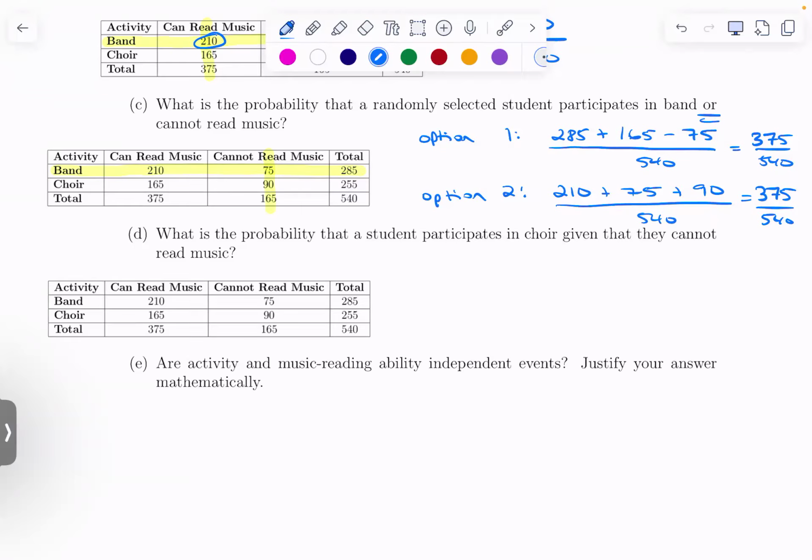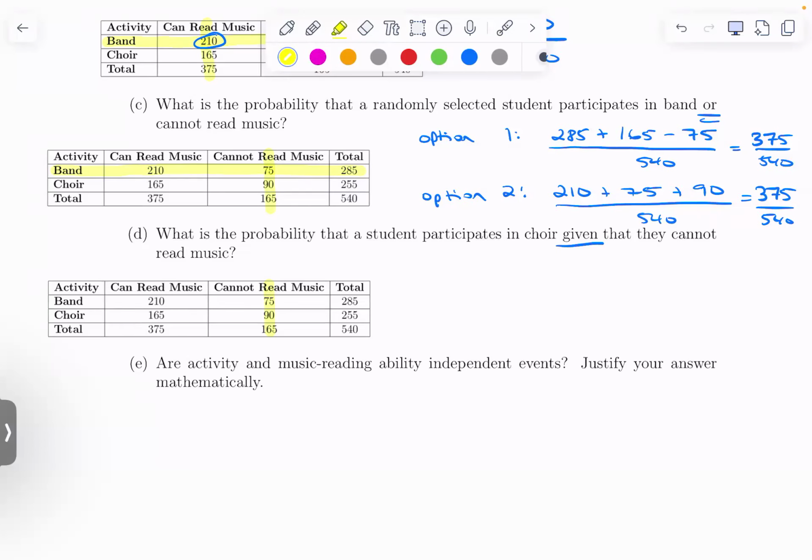What's the probability that a student participates in choir given that they cannot read music? So now we know that they cannot read music, right? Which reduces our total to out of those who cannot read music. Right? And so we know they're in this column.